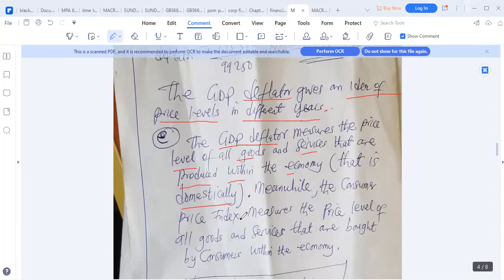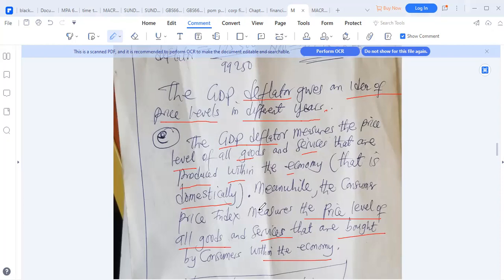Meanwhile, the consumer price index measures the price level of all goods and services that are bought by consumers within the economy. This is the distinction between the gross domestic product deflator and the consumer price index.